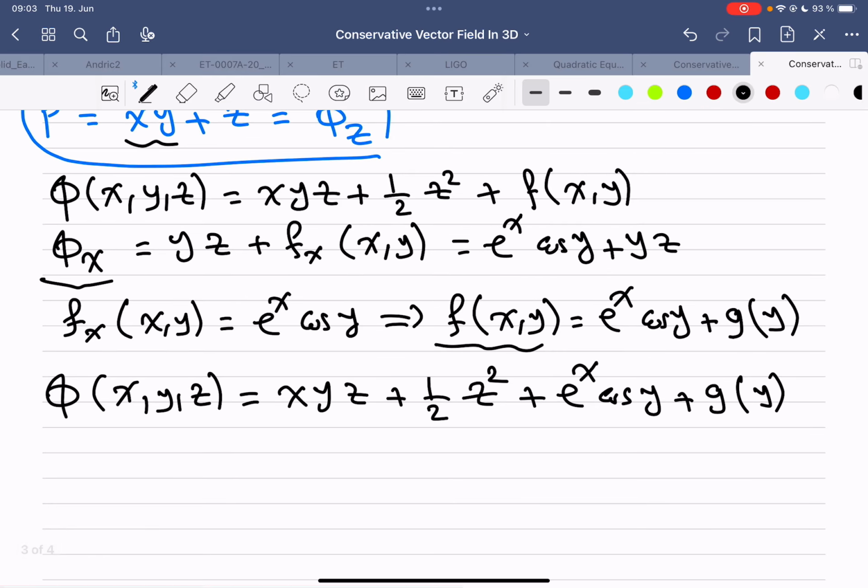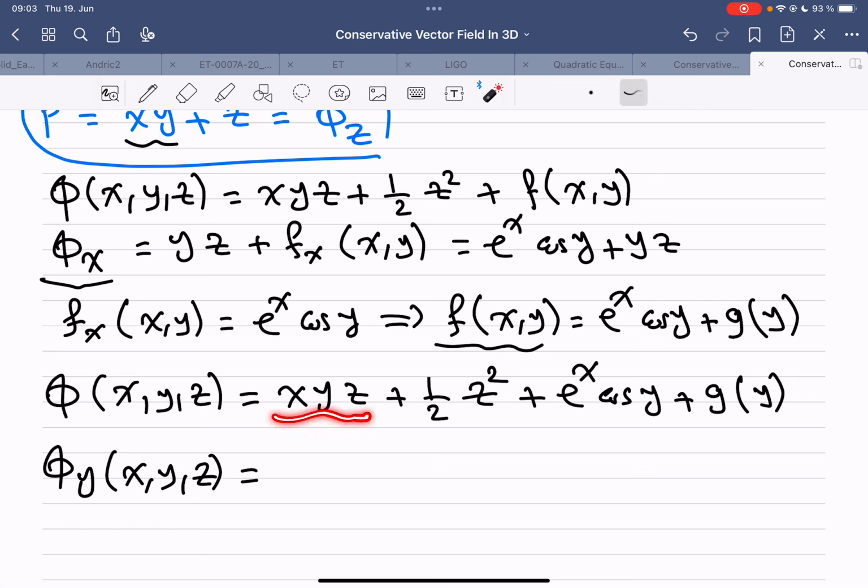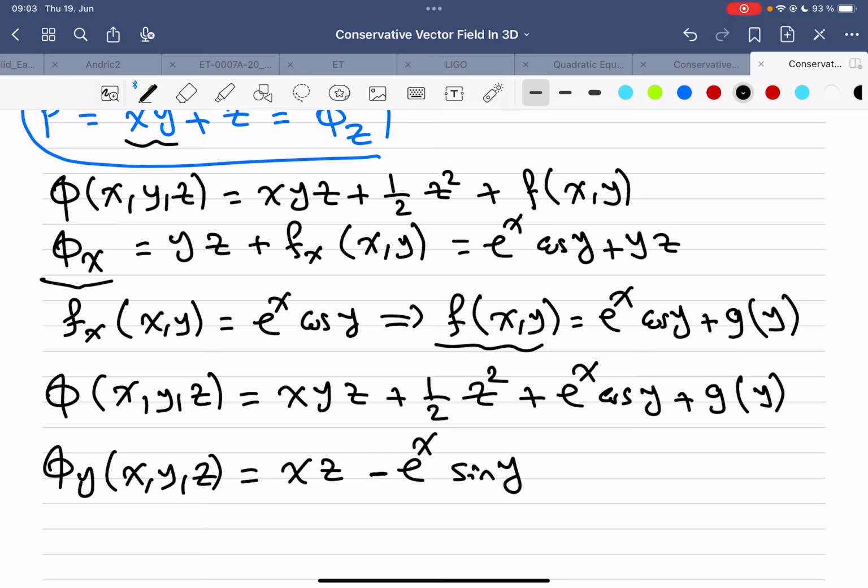Now, if we differentiate phi with respect to y, this will give us xz, this will be 0, and this will give us negative e to the power x sine y. And this will give us g dash y.